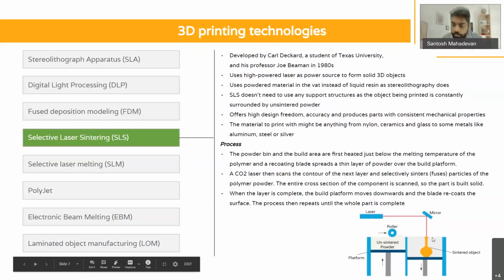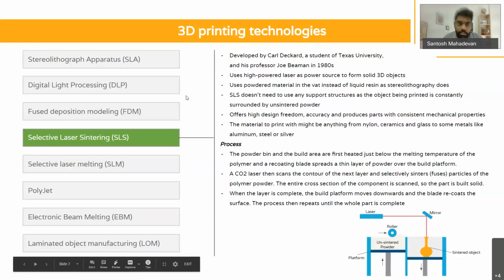I'm sorry, I forgot to mention that the CO2 laser is capable of sintering this powder, or spot welding the powder, to form the layer or the 3D printed part.